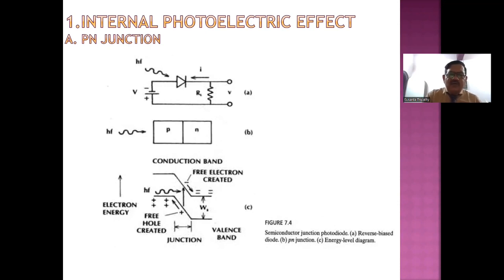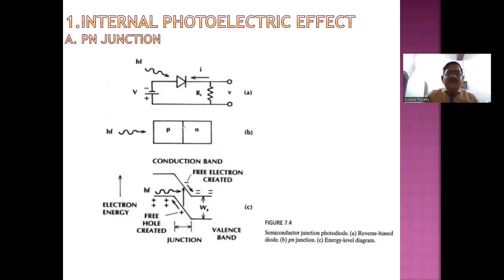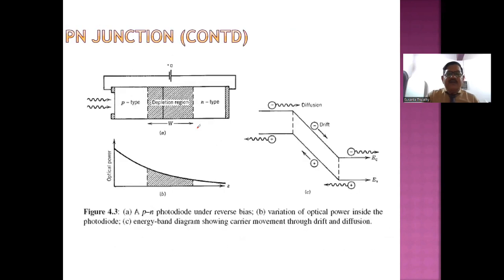Then is there any solution for this? The solution is to increase the depletion region or the active region. Now, if you can increase this active region at the expense of the N region and P region, then what will happen is this.